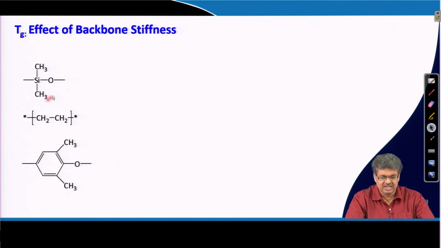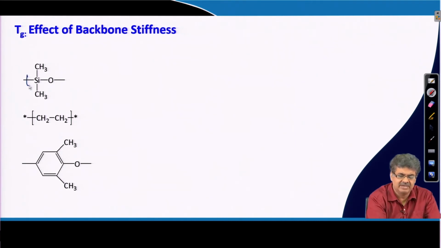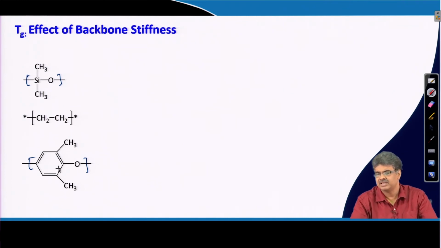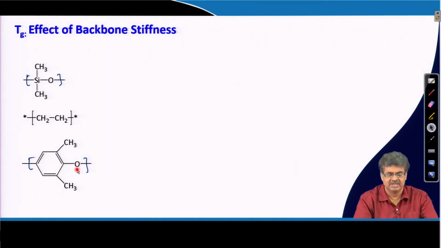For example, if we compare the Tg value of these three polymers, this silicon oxygen bond is very flexible, even more flexible than carbon carbon bonds. Similarly, if we have an aromatic backbone, obviously the flexibility is much lower or the stiffness is much higher, hence the Tg, as you can expect, will be much higher for this.